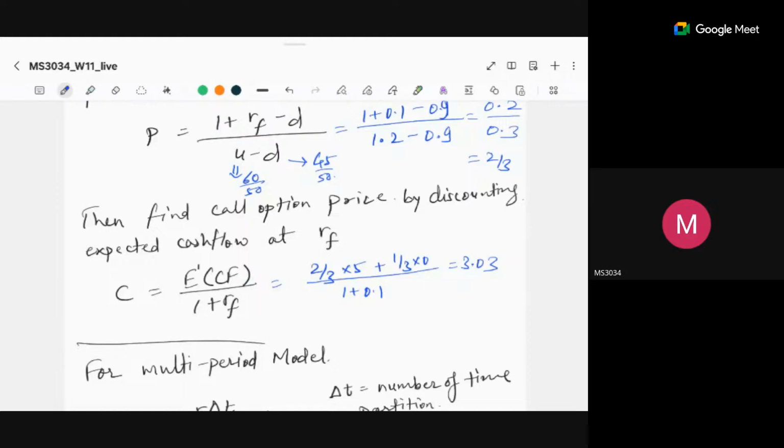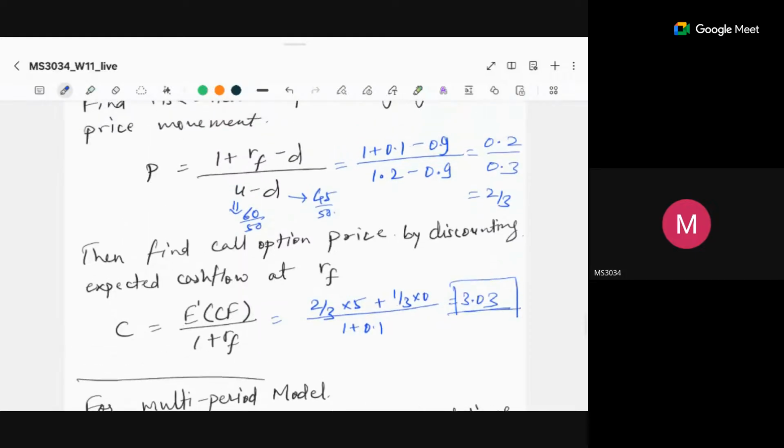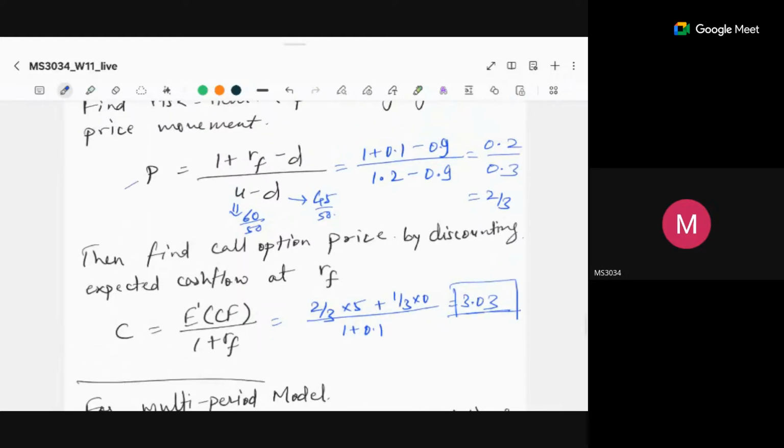If the price goes down, with probability 1 by 3, the call option payoff is 0. I discount it by the 10% interest rate, and in that case also I get my call option price to be 3.03 rupees. Please take note that this is not the real probability. It is the risk neutral probability.